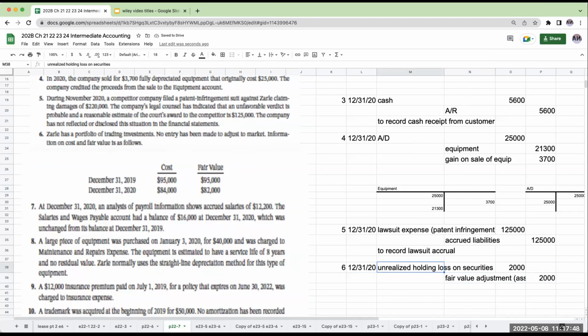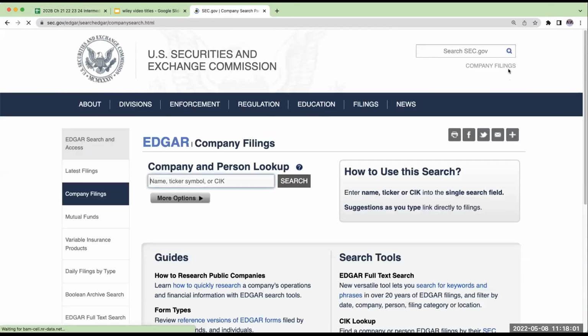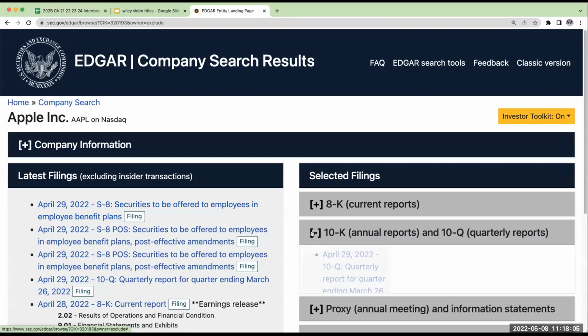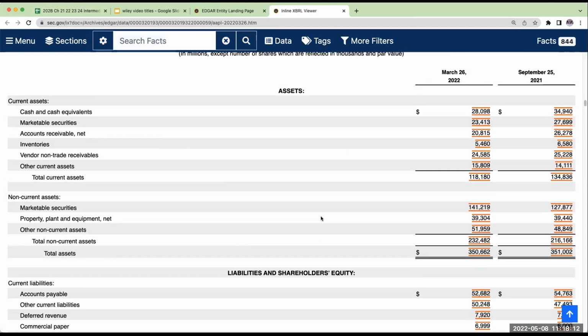Okay, so this one is going to be going through when we have an unrealized holding loss. If you look at Apple, Apple has a lot of securities that they're holding. In fact, they have $141 billion of marketable securities, and that was as of March 26th.